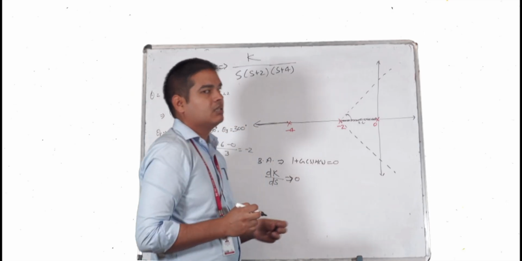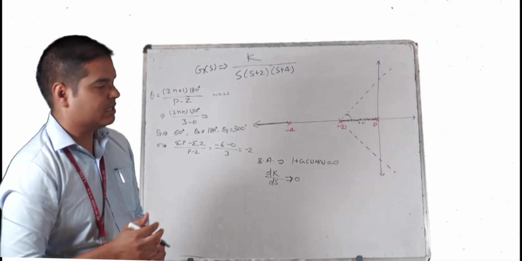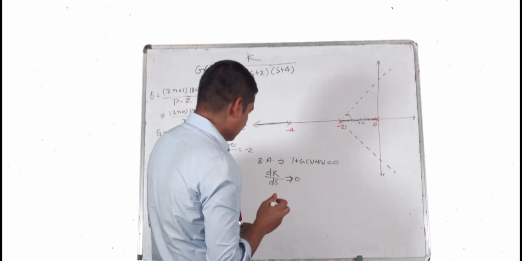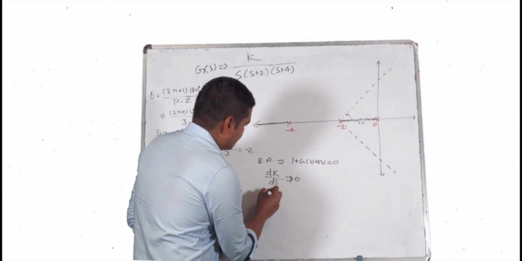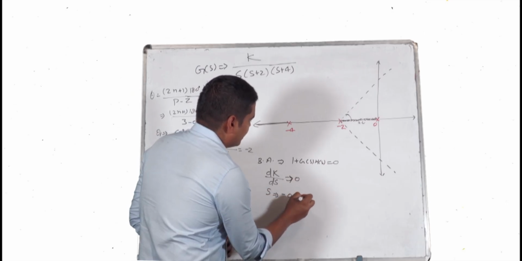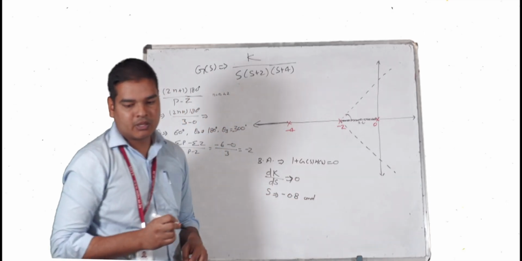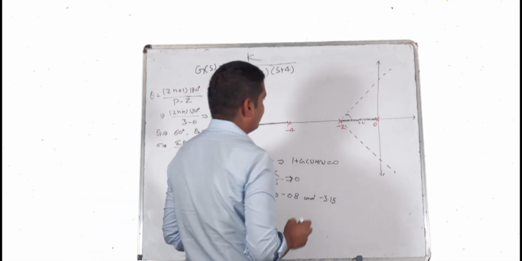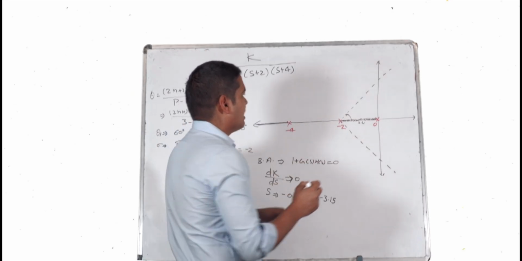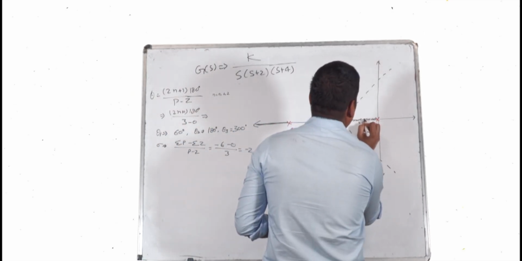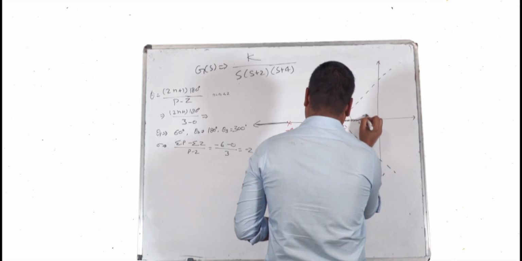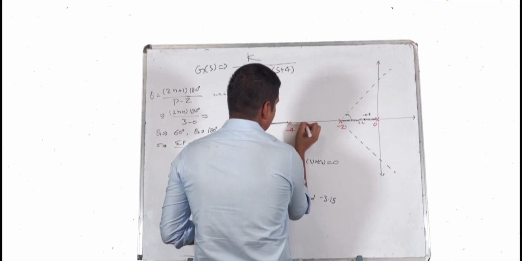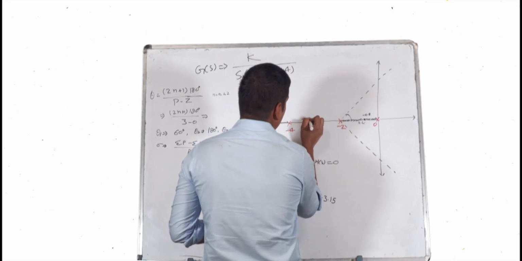The roots of this particular equation will give us the value of the breakaway point. So here we will get two breakaway points, one at s equals minus 0.8 and another at minus 3.15. So the first breakaway point will lie somewhere here, that is minus 0.8, and another somewhere here, that is minus 3.15.